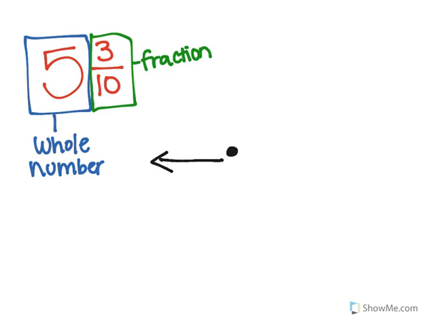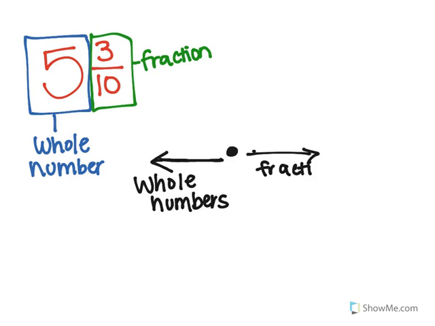If we go to the left from a decimal point, we're showing whole numbers. If we go to the right of a decimal point, we're showing fractions or decimals. So they're numbers that are less than a whole number. So that's why they're this way on the decimal point.